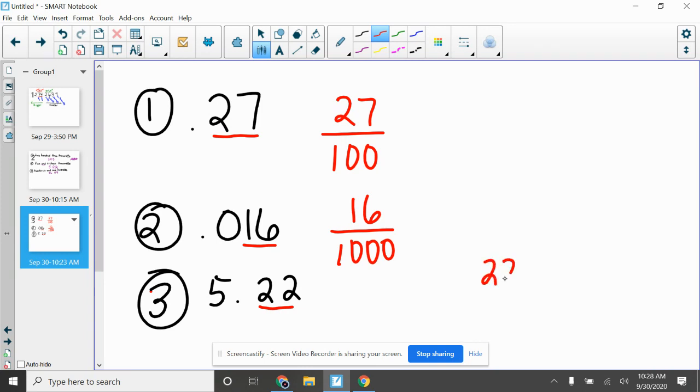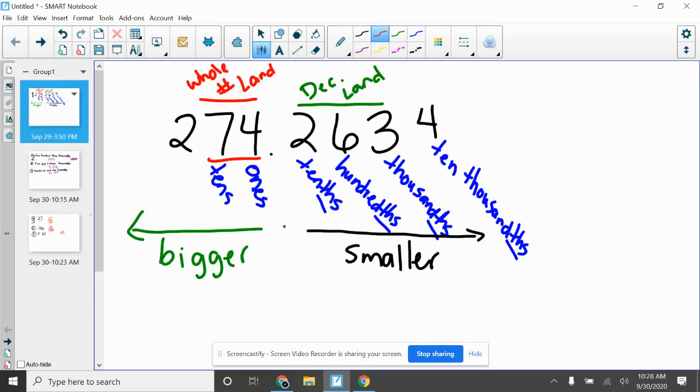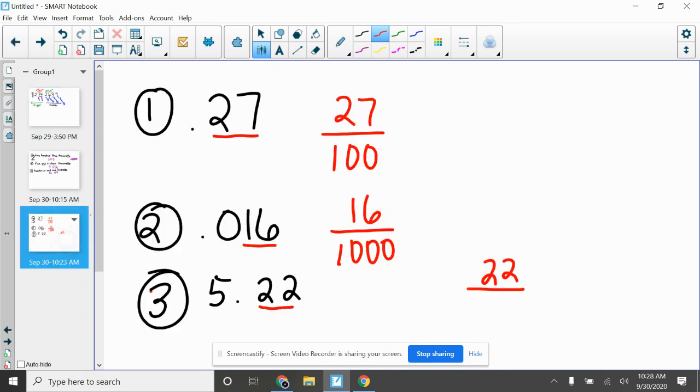22. My bottom number is going to be the place that the last digit is sitting. The last digit is sitting in what place? It's only 2 spots away. 2 spots away is not the thousandths, it's the hundredths.